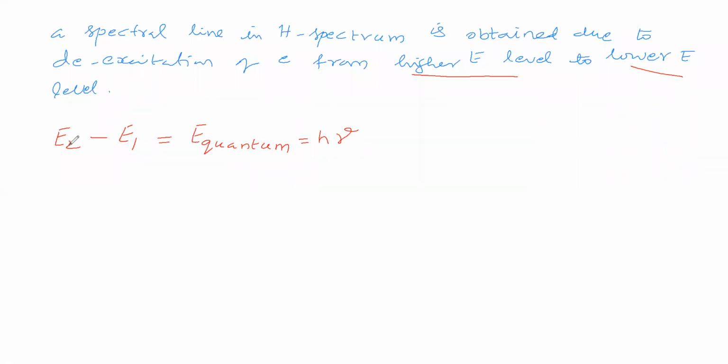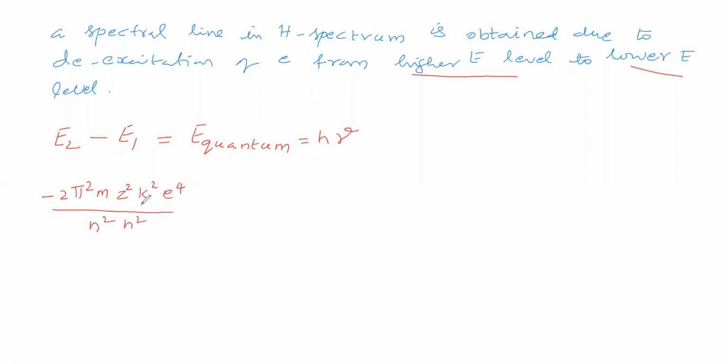Let us substitute the formula. The energy of an electron is E equals minus 2 pi square m z square k square e power 4 by n square h square. It is the formula to find the energy of the electron.